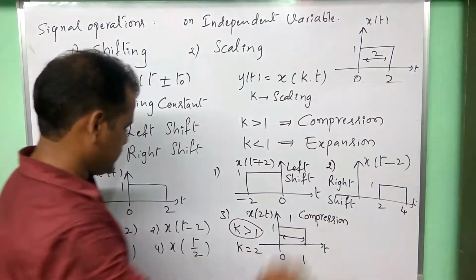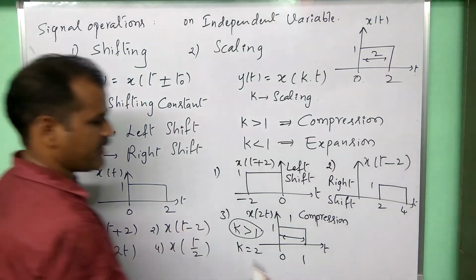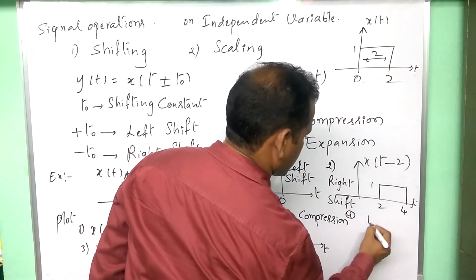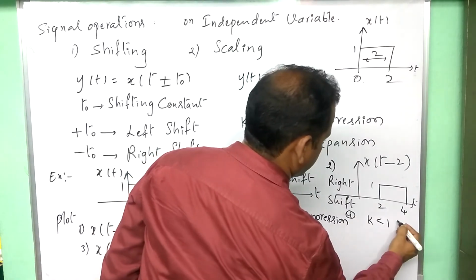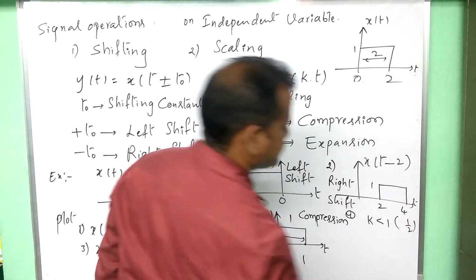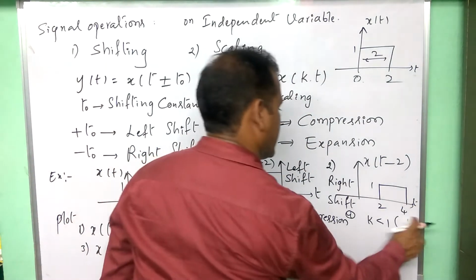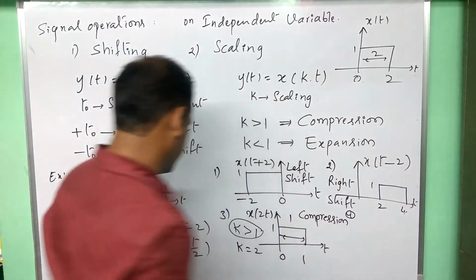Similarly, expansion. That means x of t by 2. For the fourth signal, the k value is less than 1, that is 1 by 2. So when the k value is less than 1, what happens to the signal? Let us observe.